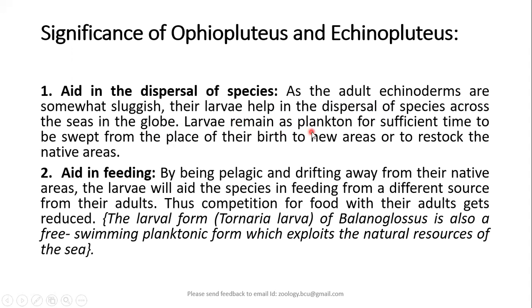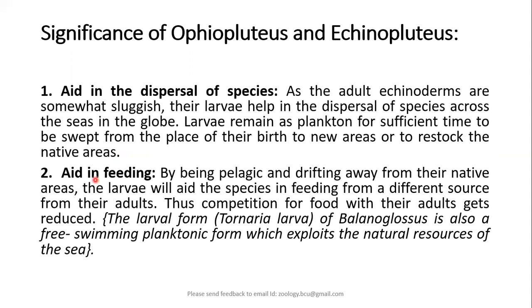Similarly, the larvae remain as plankton for sufficient time to be swept away from the place of their birth to new areas or to restock the same native place. So they help the animal in the dispersal of the species.